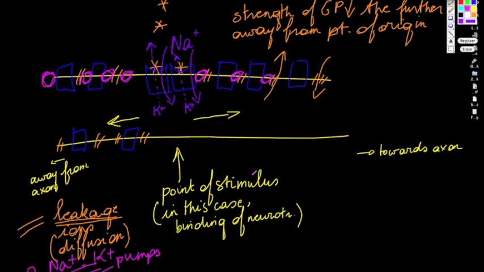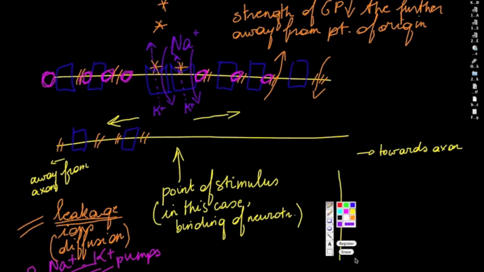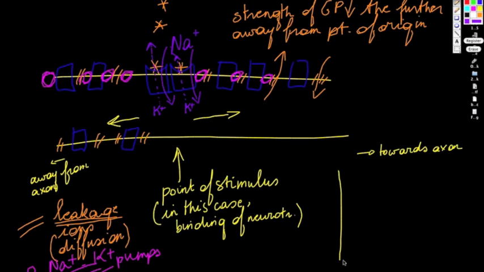But if we were to now illustrate a graded potential, on the y-axis we're going to label the potential's strength in millivolts, and on the x-axis we're going to indicate the distance along, let's say, the dendrite.